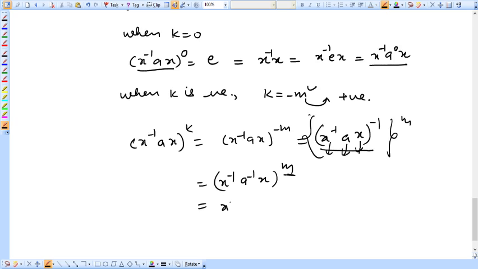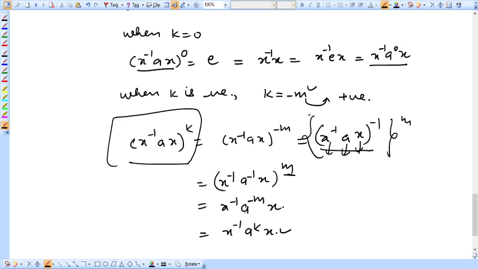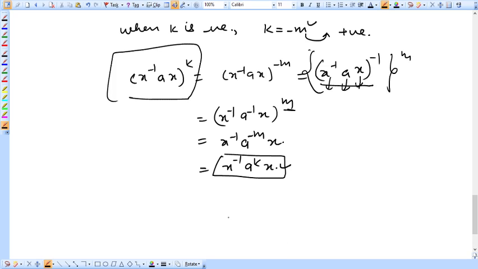This is equal to x inverse a to the power minus m x. So minus m is equal to k, a raised to power k, so this thing is equal to this thing. Thus we have proved this result for negative integers also.